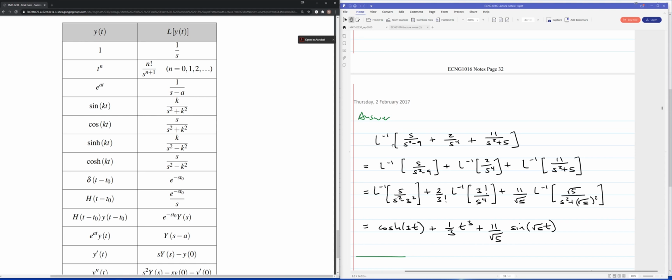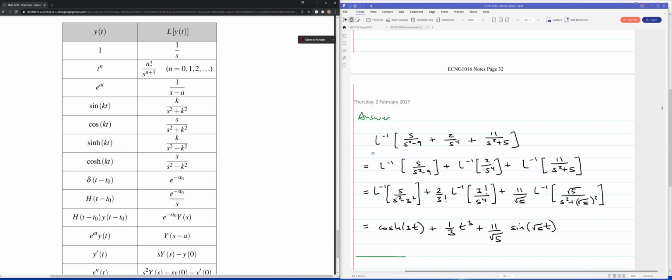I said that if I have sums inside there, I can take the Laplace inverse of the individual pieces and then just add them up. So it is the Laplace inverse of s on s squared minus 9, plus the Laplace inverse of 2 on s to the fourth, and then plus the Laplace inverse of 11 on s squared plus 5.